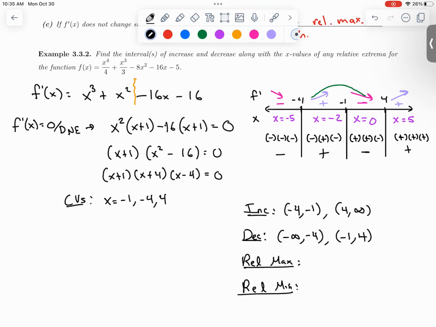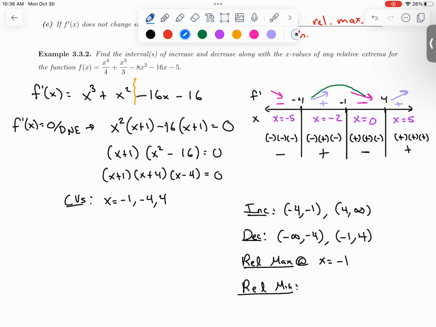If it was asking me for the relative extrema, the exact location, I would have to plug it into which function? The original, because we're talking about relative extrema of f, not of f prime. So if we want to know where the relative maximums of f occur, we plug it into f. And so that's why I'm just going to say relative max at x equals -1.